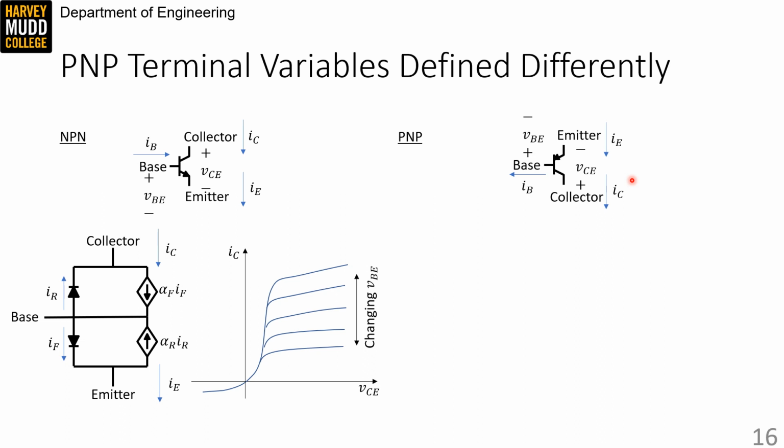And that's consistent with what we know of the construction of PNPs. The PN junctions inside PNPs are reversed relative to NPNs, so you'd want the P emitter higher than the N base in order to forward bias the base emitter junction.